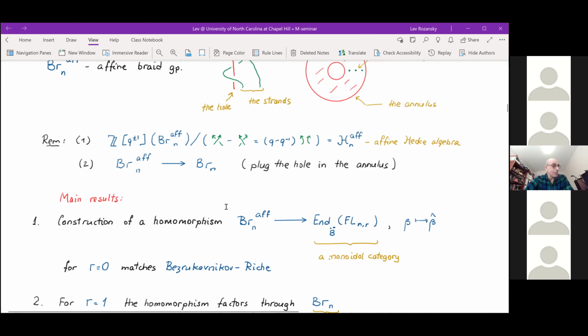Our main result with Alexei is that we construct a homomorphism from affine braids into this monoidal category of endomorphisms. A braid becomes a braid with a hat.